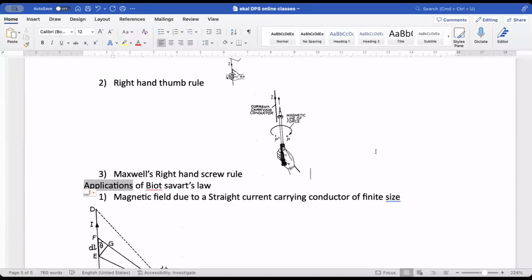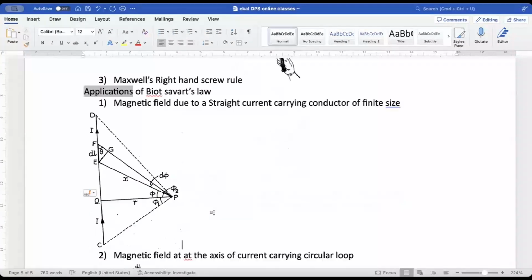Now we'll do the applications of the Biot-Savart law. First we'll find the magnetic field due to a straight current carrying conductor of finite size.